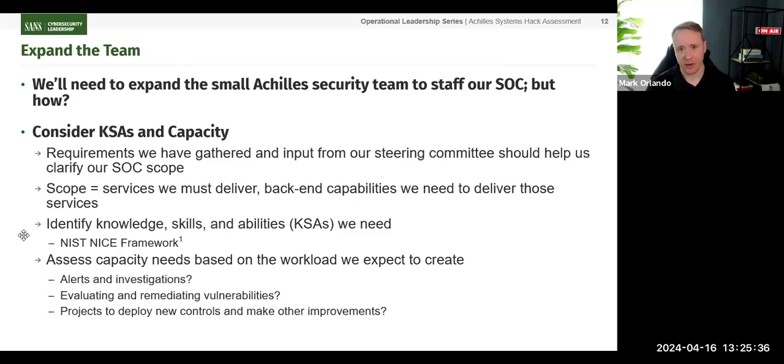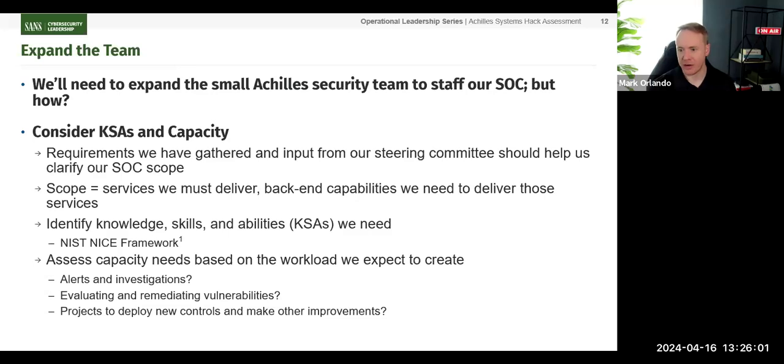So like any framework, you have to take what's useful and what makes sense and disregard the rest. Now, the NIST NICE framework was designed for cybersecurity roles in the US federal government. So there may be things on there that don't really map to what we need at Achilles Systems, but it's much, much further down the path than we might get building these things up from scratch.